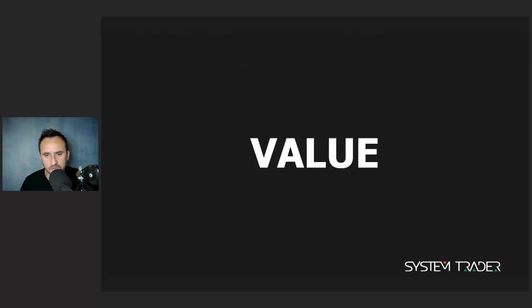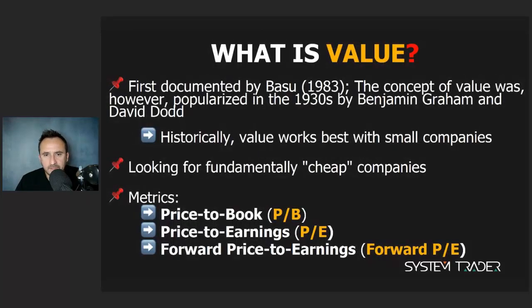Another factor is value, and it was first documented by Mr. Basu in 1983, although the whole concept of value investing was popularized already in the 30s of the previous century, the 20th century, by the well-known Benjamin Graham and David Dodd.